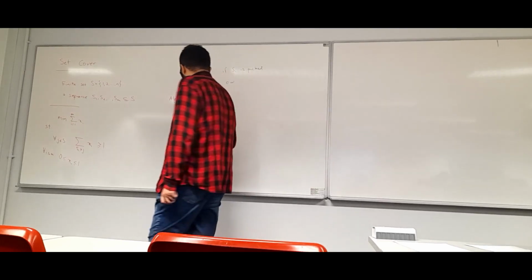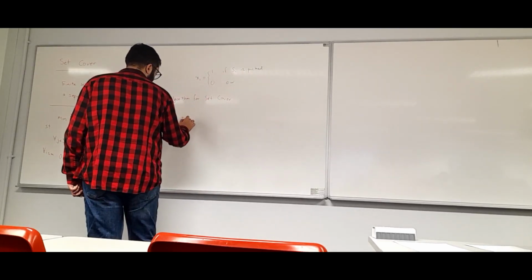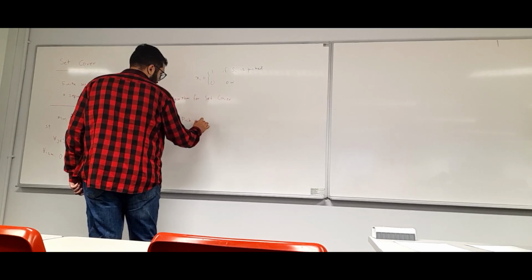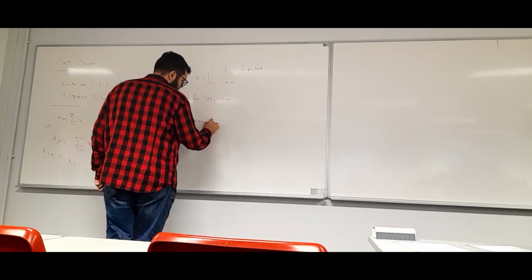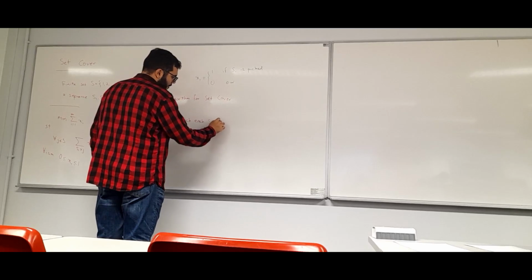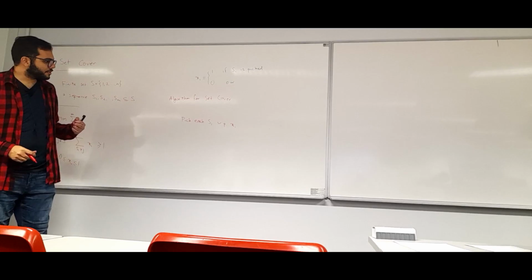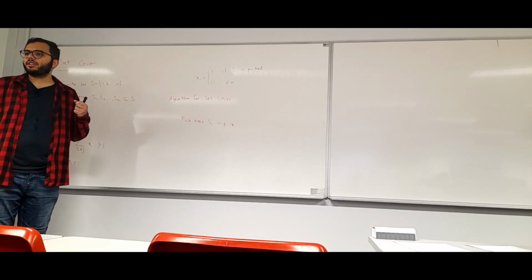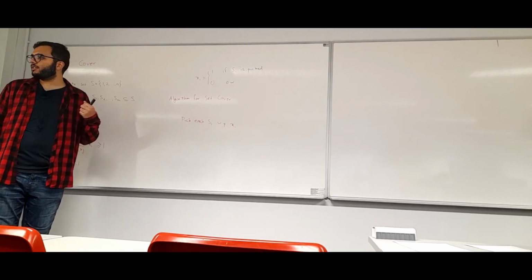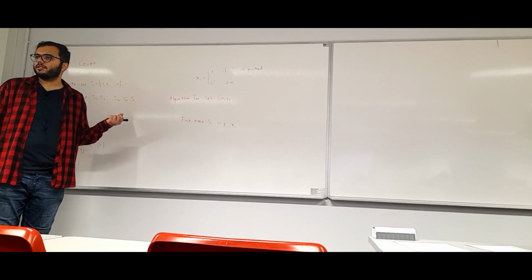So I just say pick each Si with probability xi. And the decision that I make for each one of my Si's is completely independent of the other subsets. Okay?